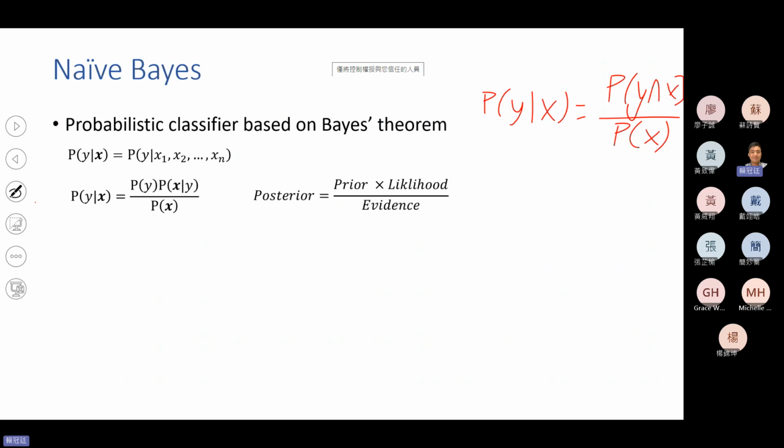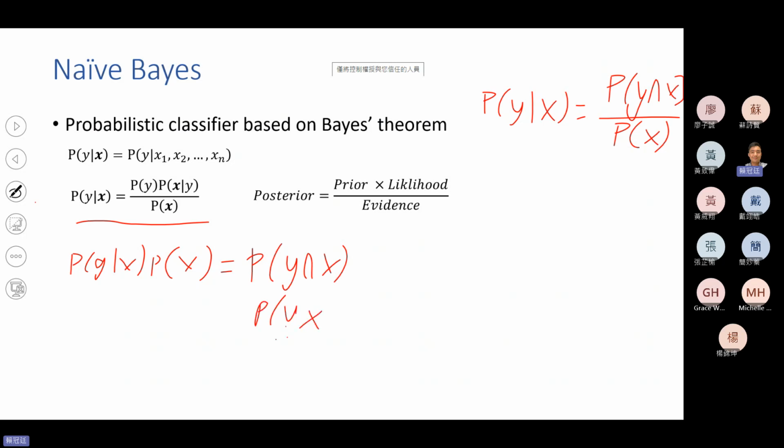So now you understand why this formula holds, because P of Y given X multiplied by P of X is equal to P of Y and X, usually just written PYX.